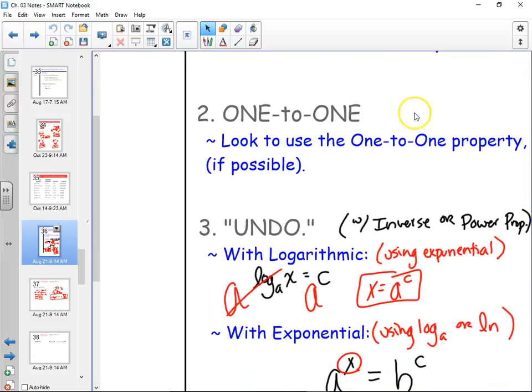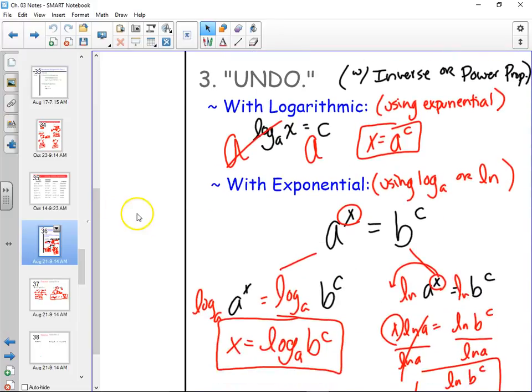Then look to all the properties. But look to the one-to-one property, because if it works, man, it's going to be easy to solve from there. If it doesn't work, ruh-roh, somehow we have to get rid of the exponential or we have to get rid of the logarithmic. Probably using inverse properties, but there might be other ways as well.